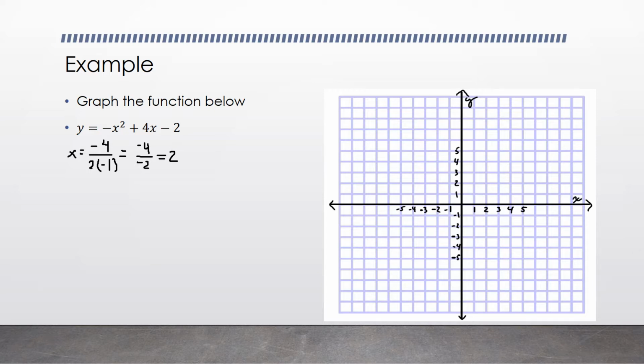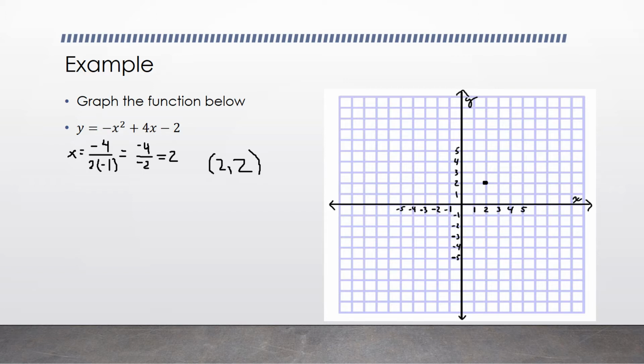Let's find the value of y when x equals 2. Plugging it in, 2 squared is 4. Then attach the negative. So I have negative 4 plus 4 times 2, which is 8. So 4 minus 2 is 2. So my vertex point will be 2, 2.